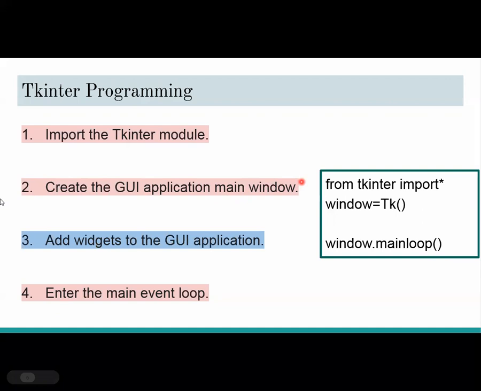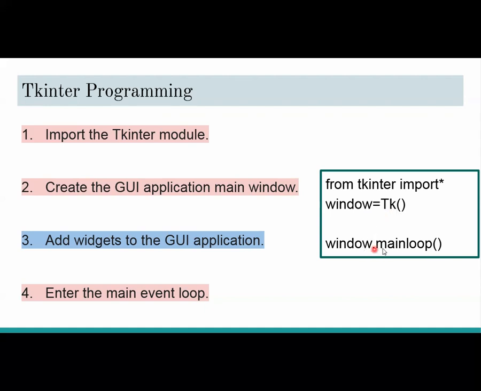The code is mentioned here: from tkinter import star. This line will import the tkinter module. Second, we have to create a main window. If you want to create a window, you have to call this particular method, that is Tk. This method is going to create a window.